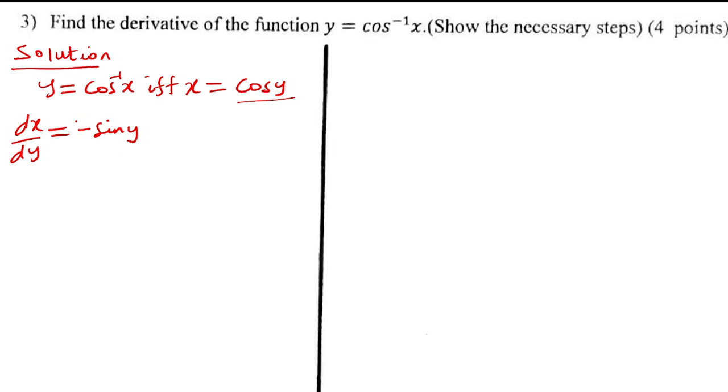So our target is dy by dx. So reciprocate this one. dy by dx is equal to minus 1 over sine y. But our answer should be in terms of x. Now look, cos y is equal to x. We need to prepare a right angle triangle.